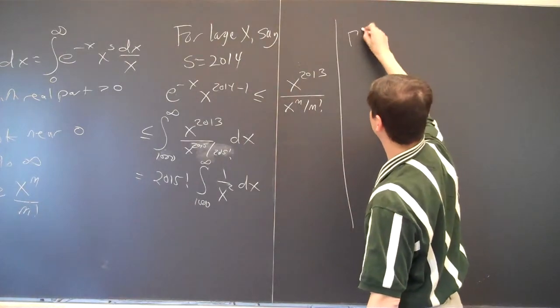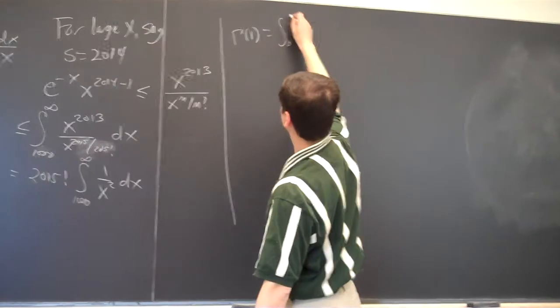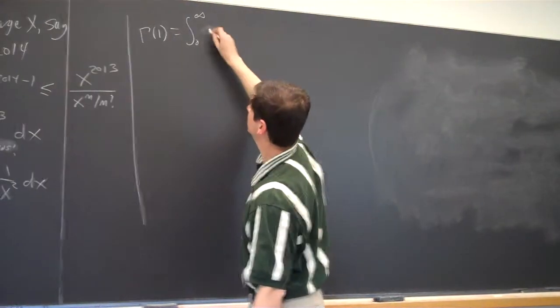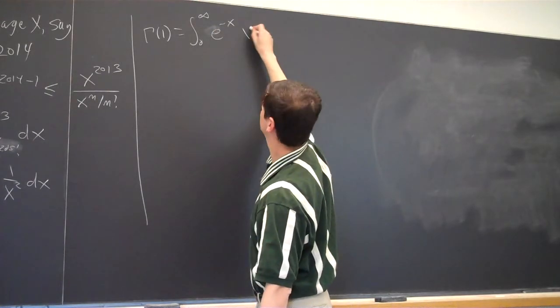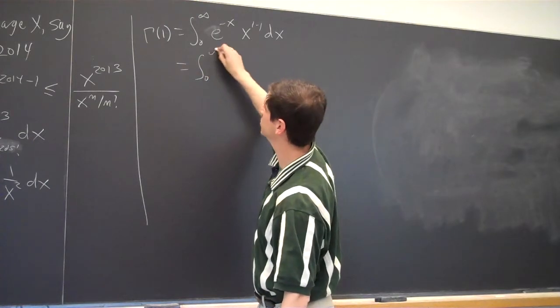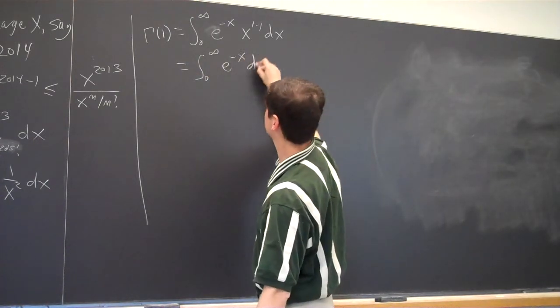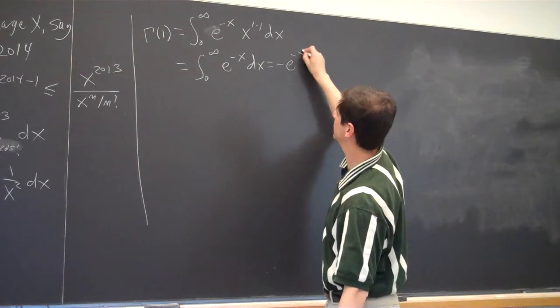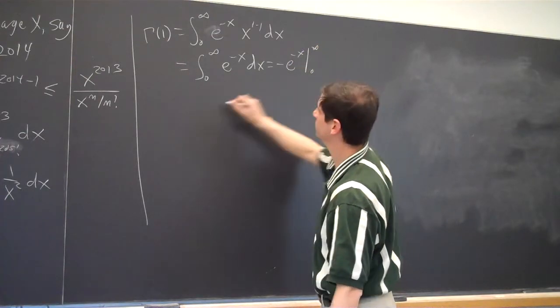So let's calculate gamma of 1. This is the integral from 0 to infinity of e to the minus x, x to the 1 minus 1 dx. Alright, so we're integrating from 0 to infinity of e to the minus x dx. This is negative e to the minus x from 0 to infinity.